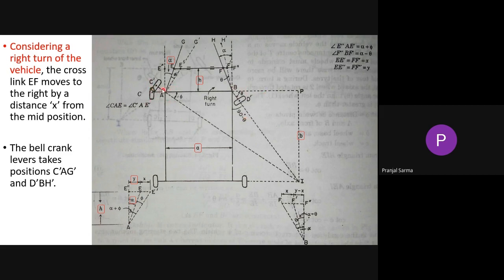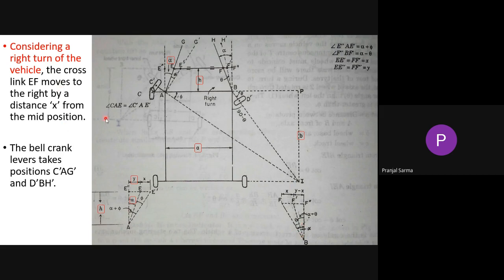Now when it is taking this turn, as this was the bell crank lever, it moves from this side up to this side, and the EF link can slide in this direction, so it will assume this dotted line position. That means some shifting is there and the angular value has changed: previously it was alpha, now it is alpha plus phi 1. One case is this side, another is this side.